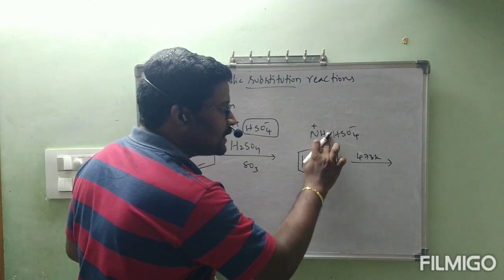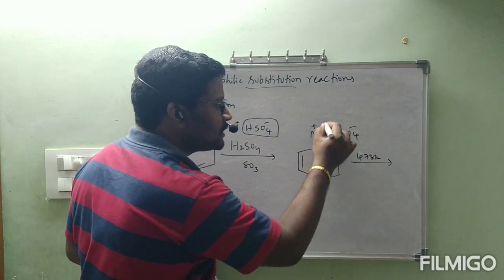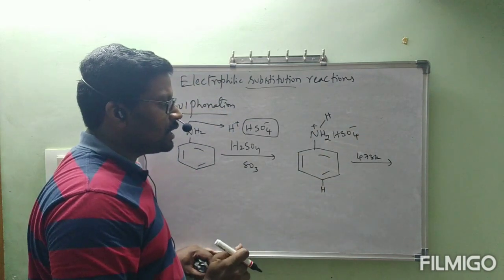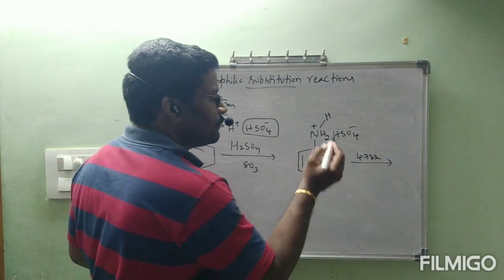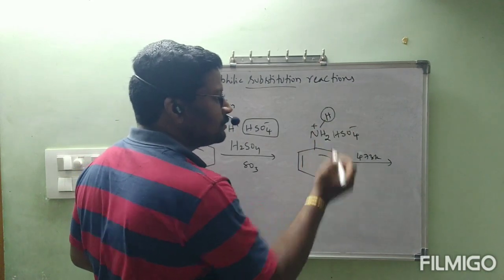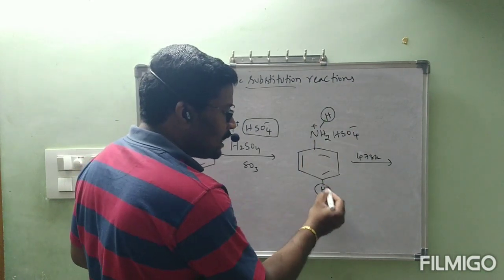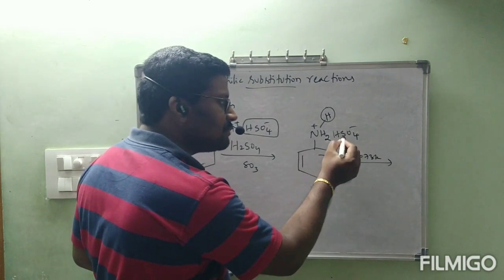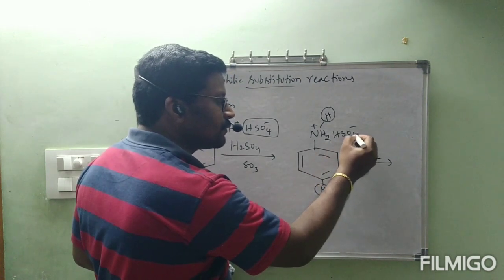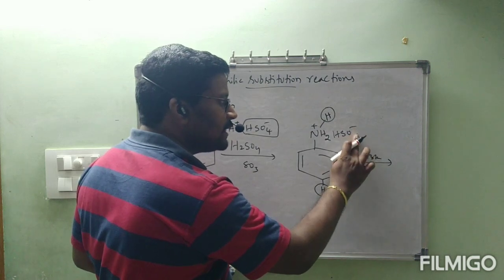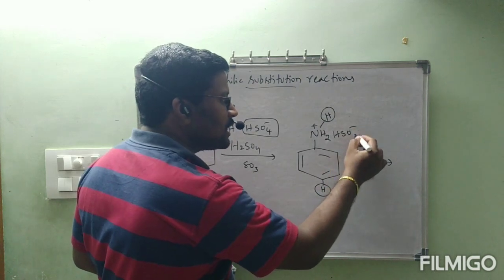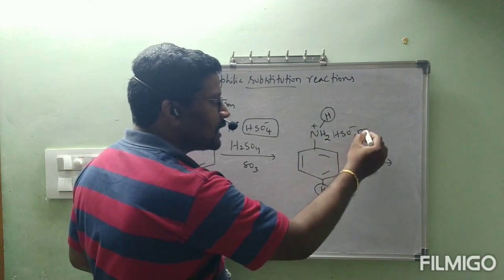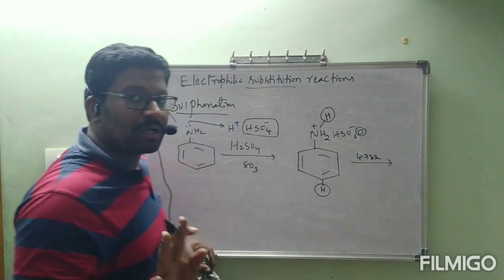I am writing it as NH2H. Here 1 hydrogen, here 1 hydrogen, 2 hydrogens, and in HSO4 minus, 4 oxygens are there. I am writing it as 3 oxygens and one O separately. Hydrogen, hydrogen and this hydrogen will be removed as water.